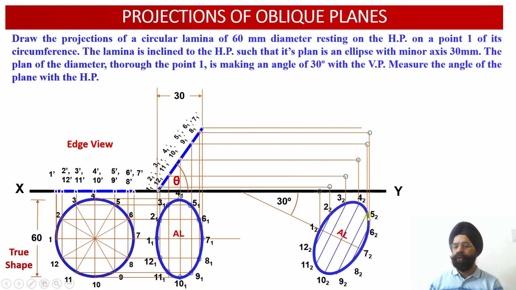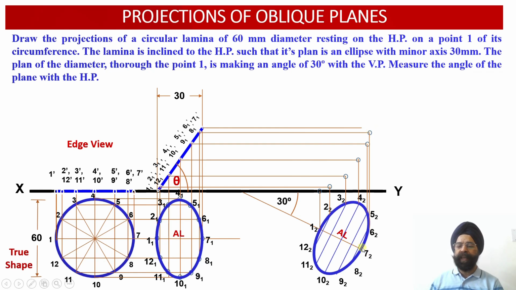This is point 6 2. We have drawn a vertical projector upwards, and wherever it intersects with the horizontal projector drawn through the point 6 1 dash, this is 6 1 dash, so this is the intersection. So this gives me the location of point 6 2 dash in the elevation.